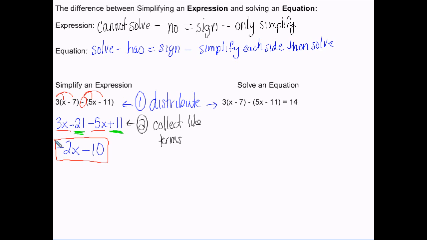Now if I come over here to the equation, I'm doing the same first 2 steps. I'm distributing. I'm going to collect like terms, but I'm going to do it on each side of the equal separately.